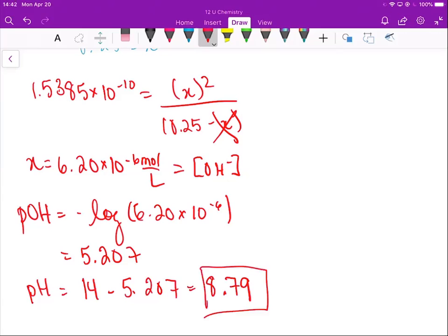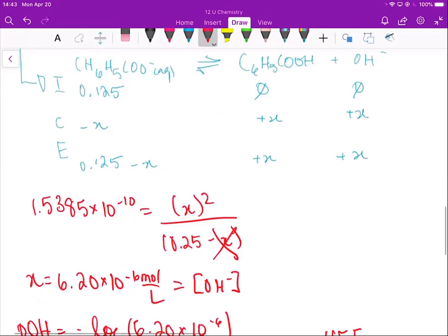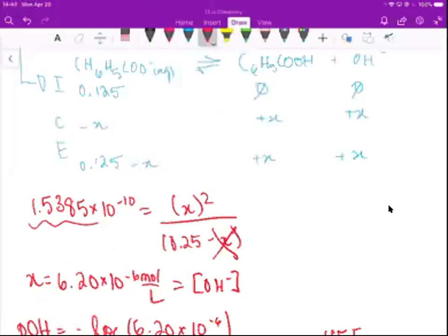Okay, and I think that's about what got in the answers, and the answers are found on page 455. Let me see. 8.15. It's a little bit off. Maybe it's because of this over here. That's close enough though.